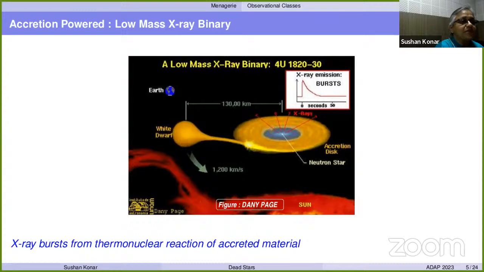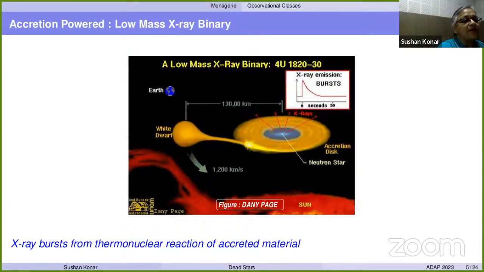So what happens is, in massive stars, the time scale is short, but also the rate of accretion, I mean, rate of mass transfer, is very large. So it transfers a lot of material to the neutron star in a very short time, and essentially buries the magnetic field under this material that is coming in.